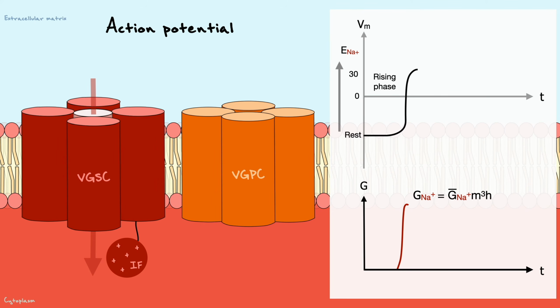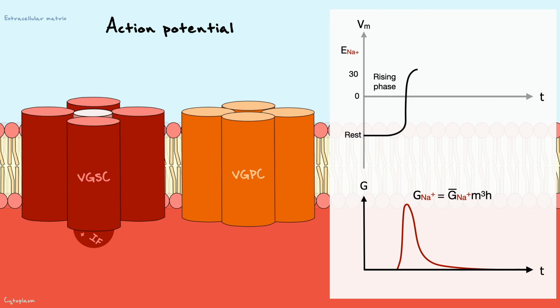First, as we've discussed, the driving force on sodium becomes much less because the membrane potential approaches the equilibrium potential for sodium very closely, and hence the sodium has less of a drive to enter the cell. Secondly, the sodium channels progressively inactivate, which causes the conductance of the sodium channels to gradually decrease.